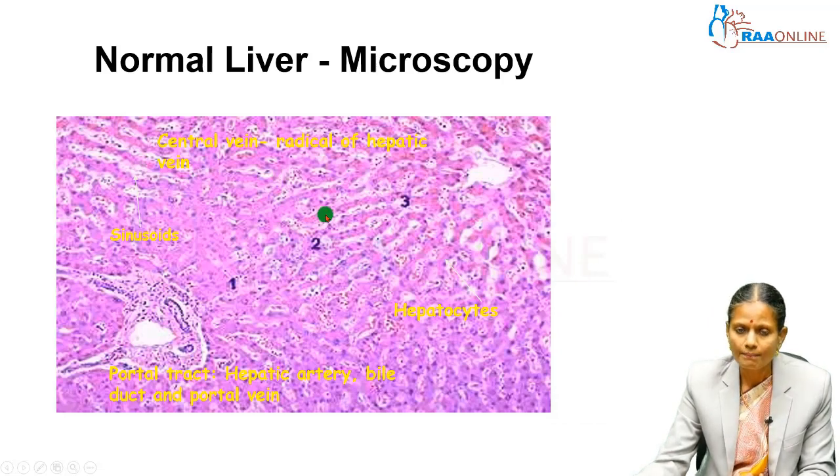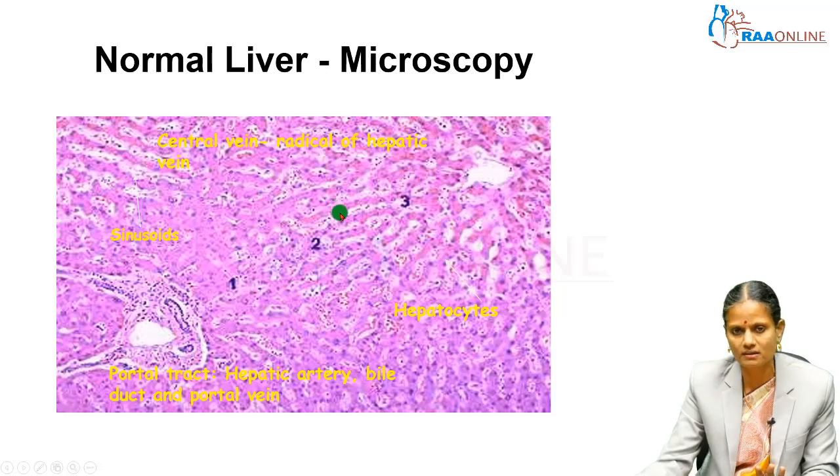This is the microscopic view of the normal liver. So this is the central vein, and these are the zones of the liver. Zone 3 is nearest to the central vein, zone 2 is the mid zone, and zone 1 is near the portal tract, which consists of the hepatic artery, the bile duct and the portal vein. And we have the plates of hepatocytes, which should usually be 1 cell thick.